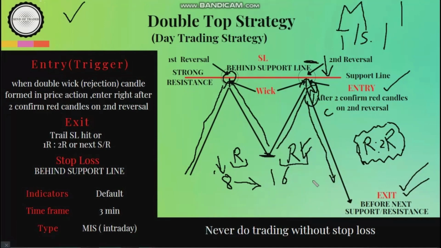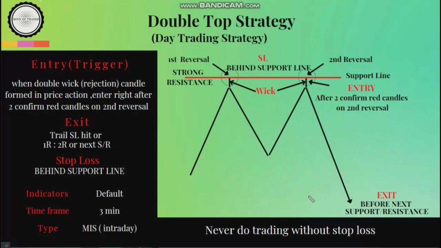You can exit here also, or if your trailing stop loss hits. Yeah, these three things. One quick clarification. When I say exit before next support or resistance, this is just the format in which I have written. It is common sense. You have to understand what will come. When the market is going down, support will come, right?